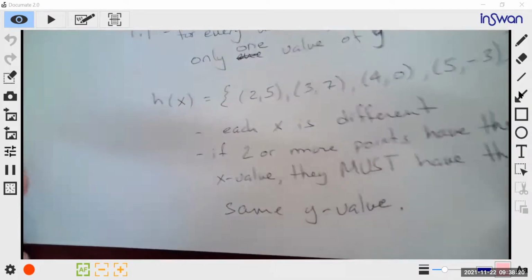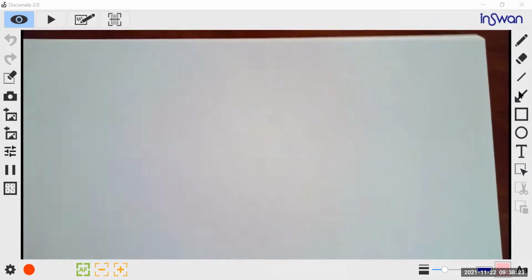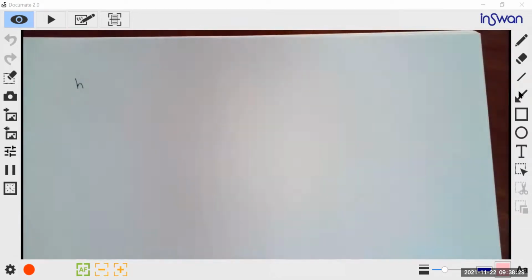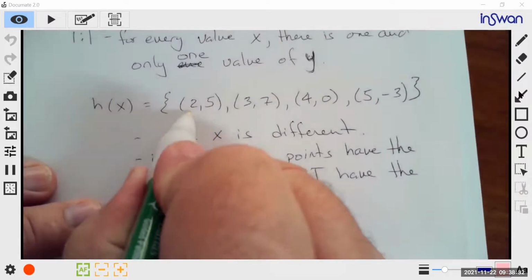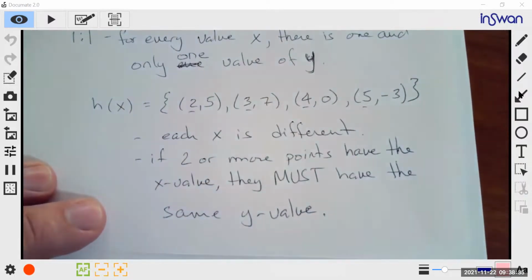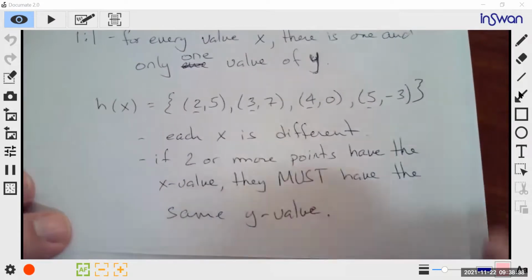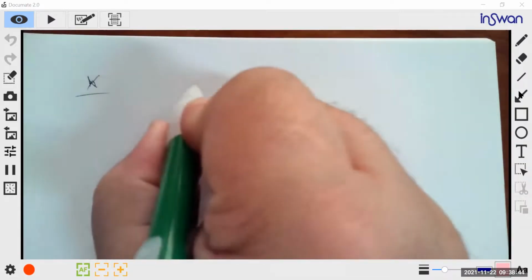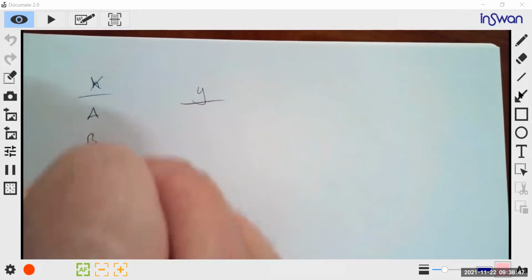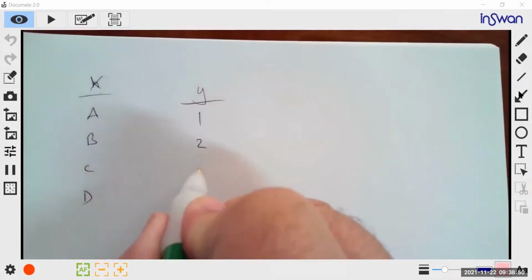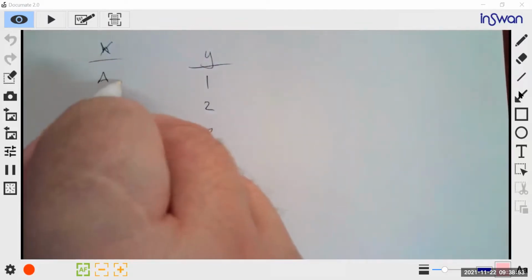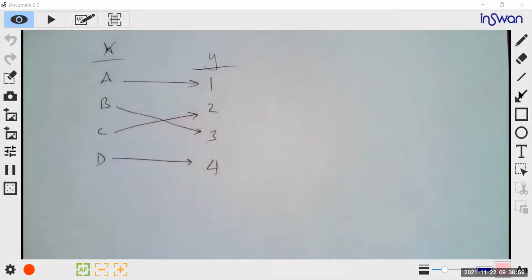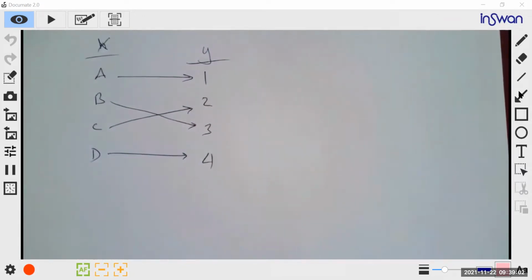All right. In chapter 2, we look at it this way. Each x is different, so it doesn't matter with y, it's automatically one-to-one. We also look at it this way: A, B, C, D. This is one-to-one.